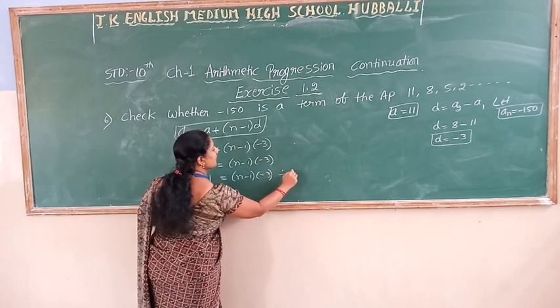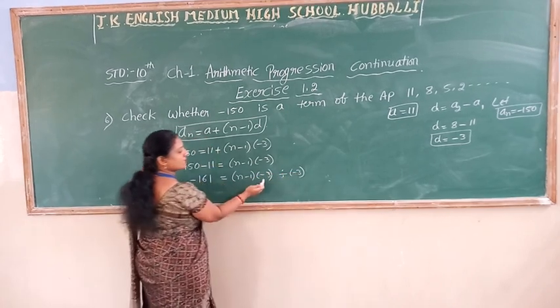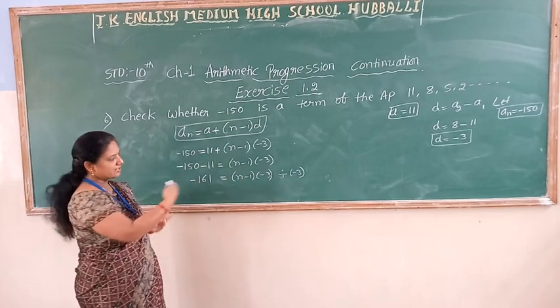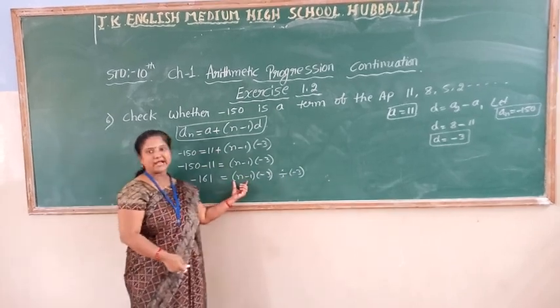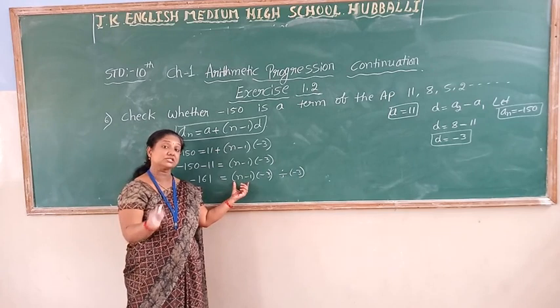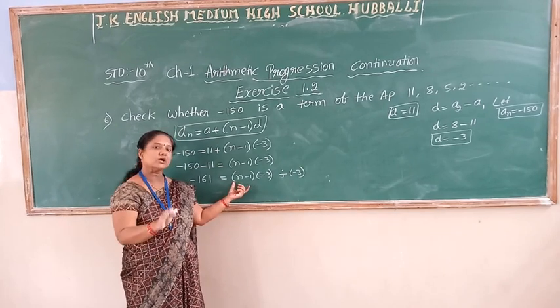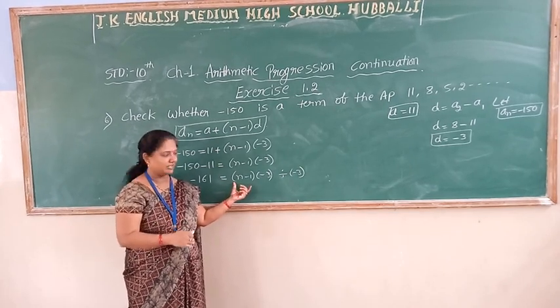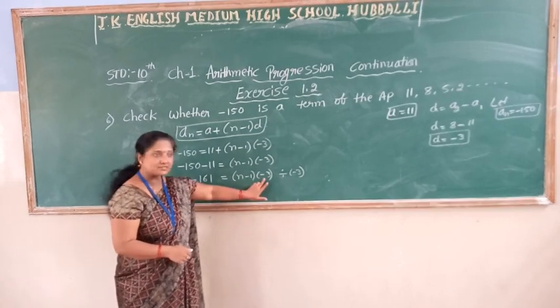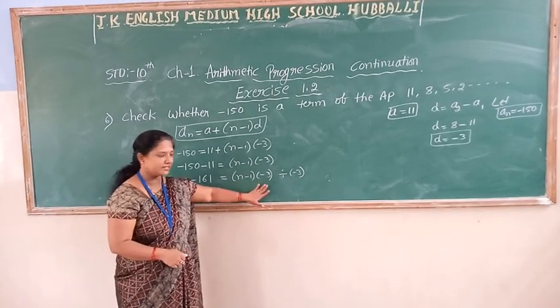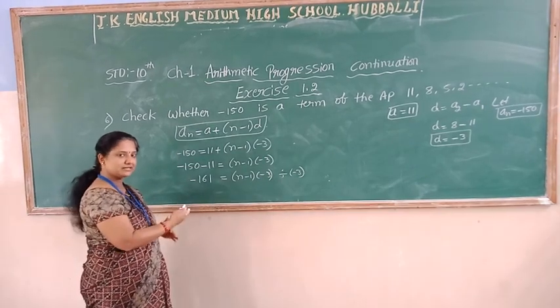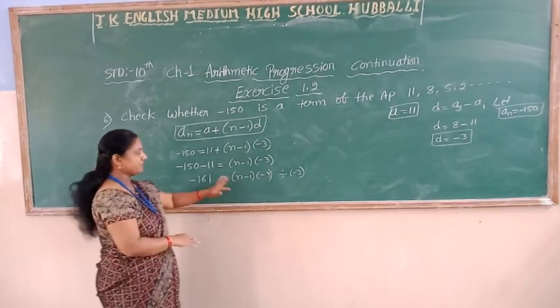Both sides I divide by minus 3 to cancel the minus 3 on the right side, because I only have to find out the N value, the number of the term that is minus 150. I don't want this number on the right side, so to cancel it I divide both sides by minus 3.